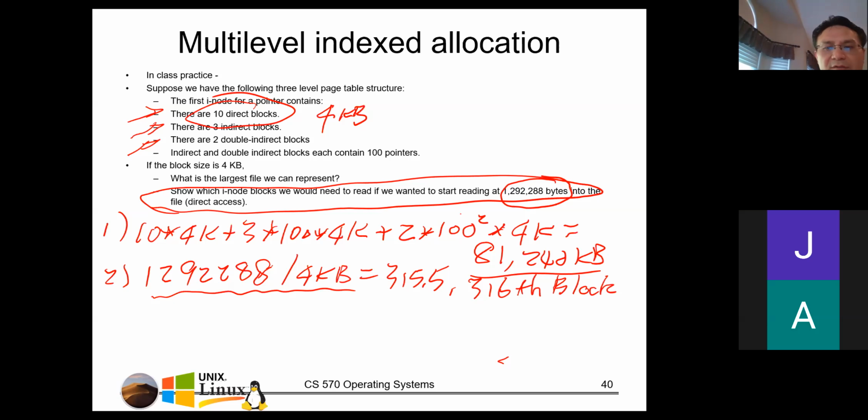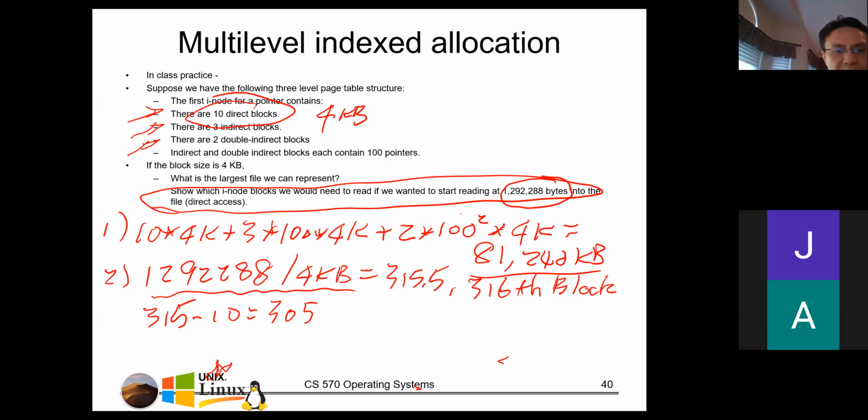We know the first 10 blocks are direct blocks, right? So 315 minus 10 would be 305, right? And then you have 3 indirect blocks with 100 direct blocks each.